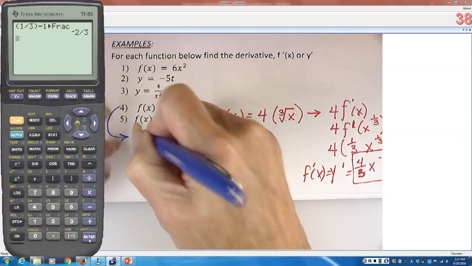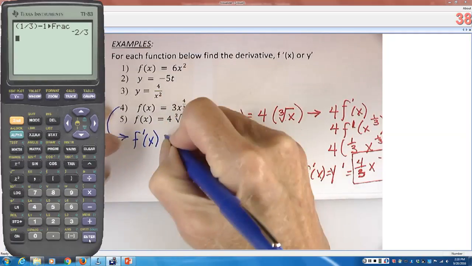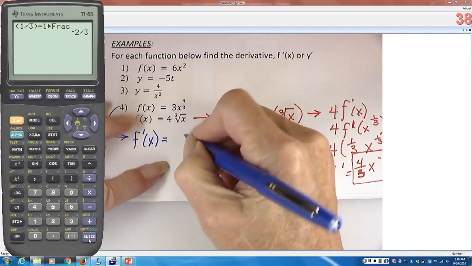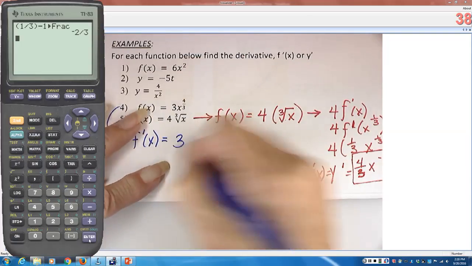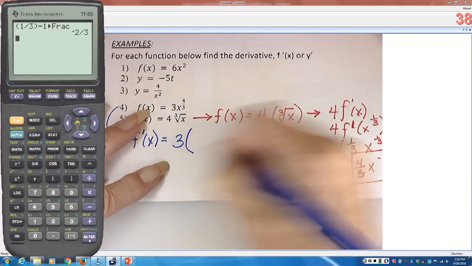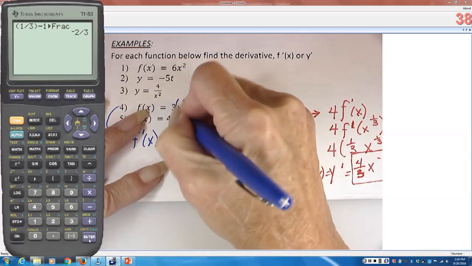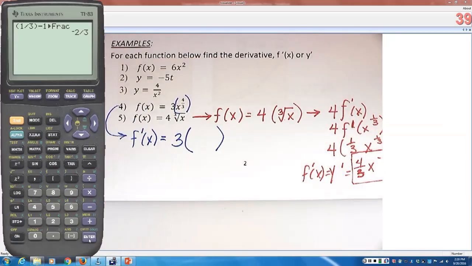So f prime of x is going to say, leave that 3 alone. And then I want to take the derivative of 4/3. Leave the coefficient alone, leave it sit there by itself. That's just decoration on the variable.